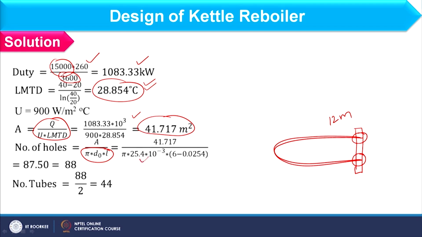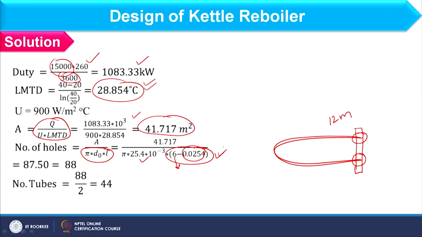Okay. So, d naught is given to us as 1 inch or 25.4 mm, and this is the effective length, where I have considered half of the length, and this is basically the tube sheet thickness. Okay. Usually we consider tube sheet thickness as 25 mm, but here because the OD of the tube is more than 25 mm, we should consider the OD of the tube equal to the tube sheet thickness, right. So, in this way we have found the tube sheet thickness as 25.4 mm.